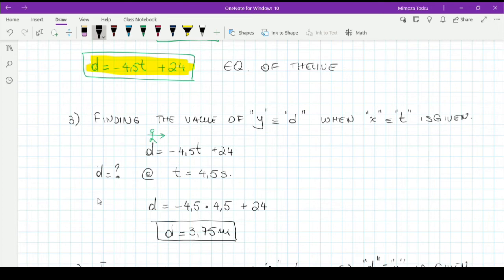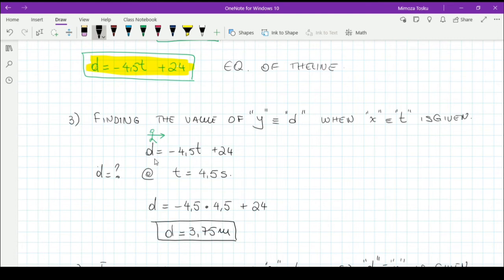Let's suppose that a question is asking you to find the displacement at 4.5 seconds. That means we are looking for d when t is 4.5 seconds. Working on the system as we are doing here, as soon as we see the variable that is given, we replace it with the value.